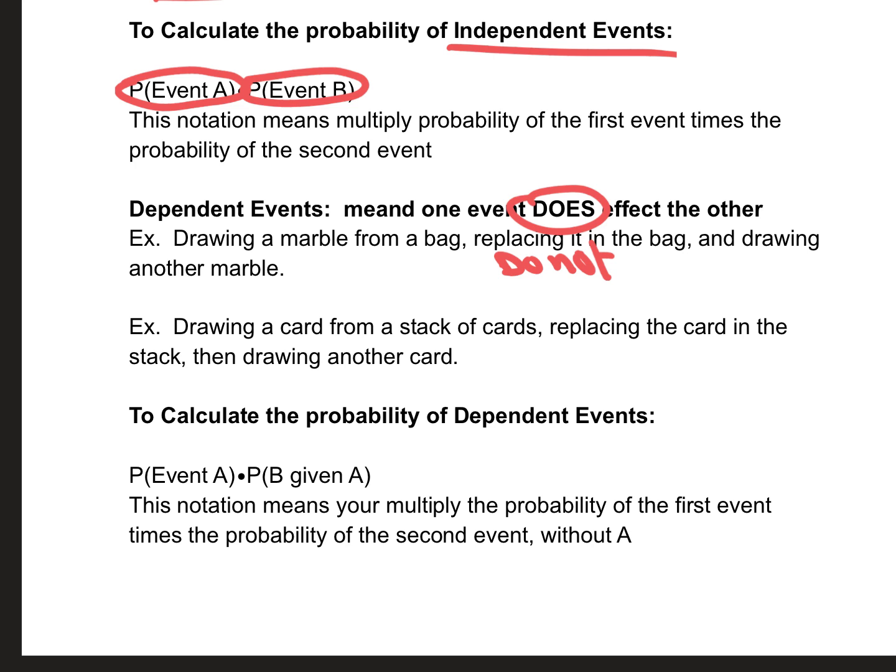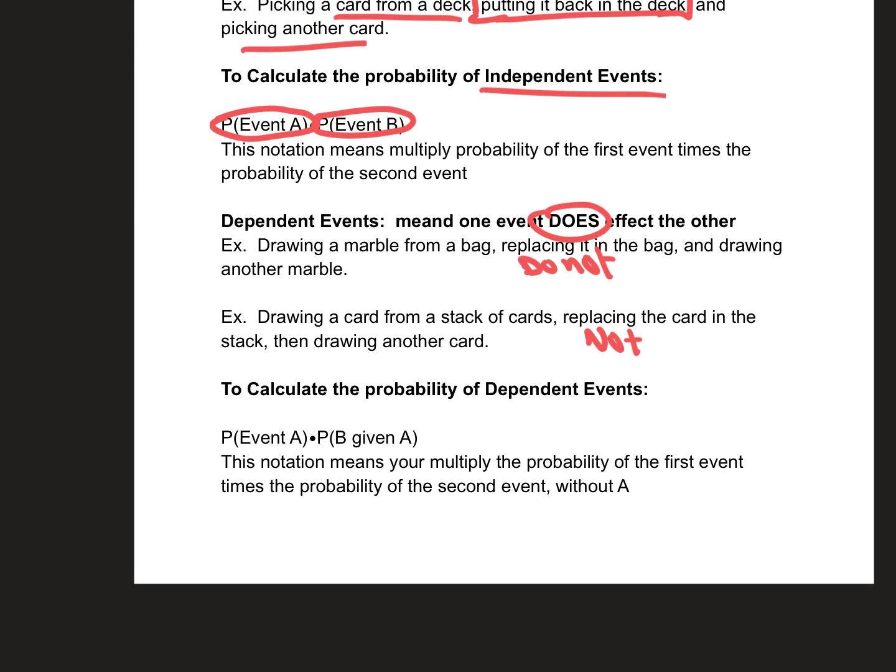And then drawing a card from a stack of cards, not replacing the card in the stack, and then drawing another one. So with a deck of 52 cards, you pick one, you don't put it back, you draw another card, now you only have 51 cards to choose from. So depending on what you got the first time is going to impact what you would get the second time. And to calculate the probability of that is the same thing. You're just going to multiply the probabilities together.